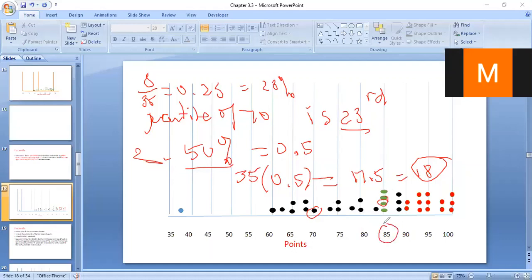That is 85 points. That is question 1 and question 2. Any question about finding the percentile? For percentile, you find the proportion, and that is the percentile.